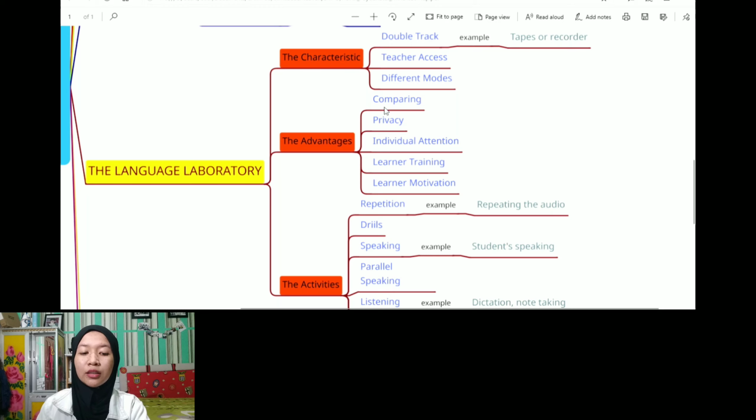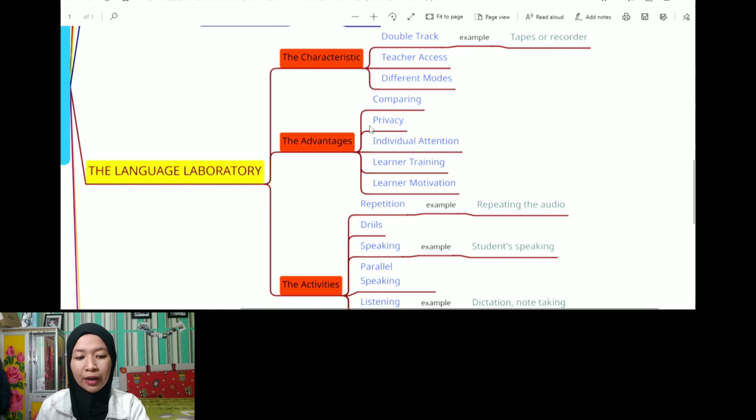So the double track allows students to compare the way they say things with the correct pronunciation on a source tape. For example, as I explained before, to know the different pronunciation between now and no. Like that.